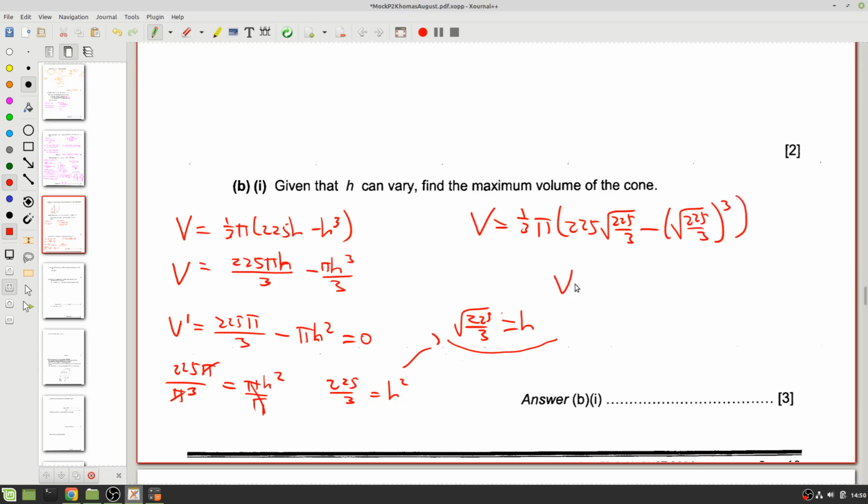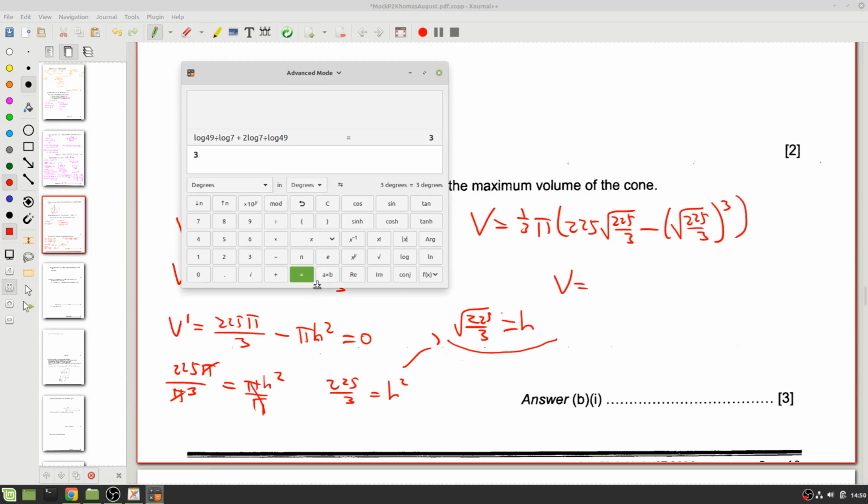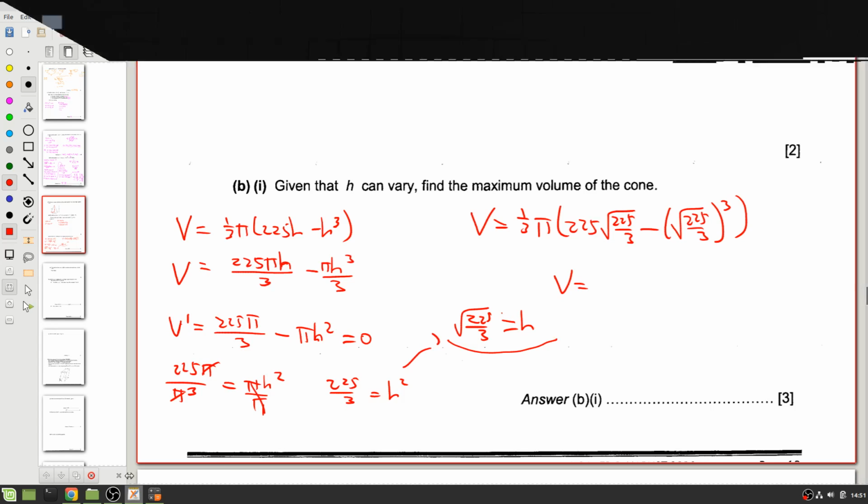Alright, and now we can just plug this into our calculator. Okay, so let's see what happens here. So that gives us 1 over 3 times pi times 225 times the square root of 225 over 3, minus the square root of that cubed.